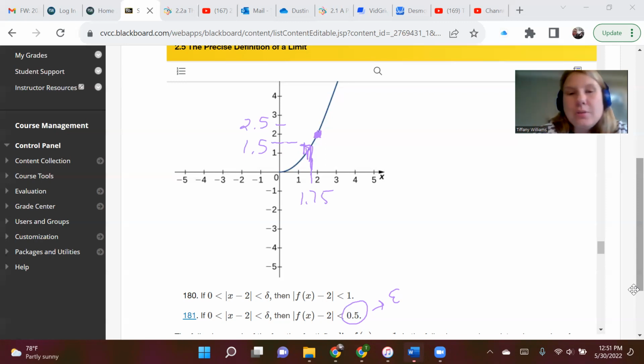Now I'm going to do the same thing for 2.5. So for 2.5, I'm going to come over here, and it looks like I'm right at about 2.5 as well.